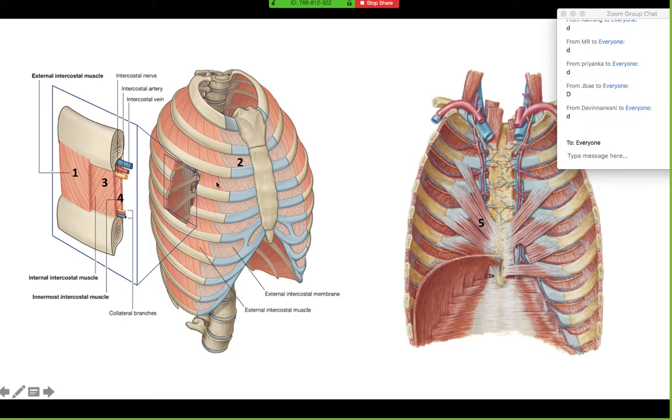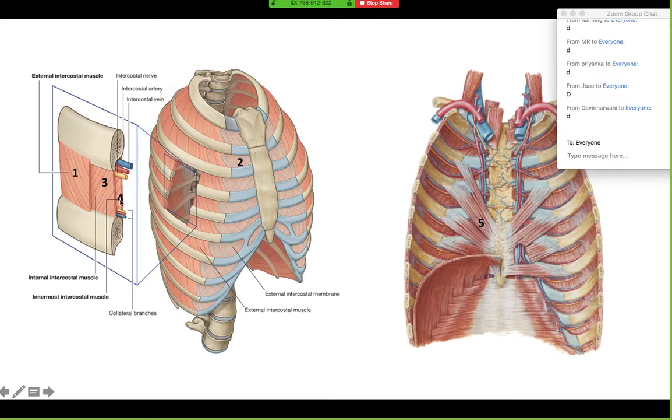Number 4 is the internal intercostal membrane. You can kind of see it in the back here. That's from the angle of the ribs to the vertebral column. So remember, we have external intercostal membrane in the front and then internal in the back.